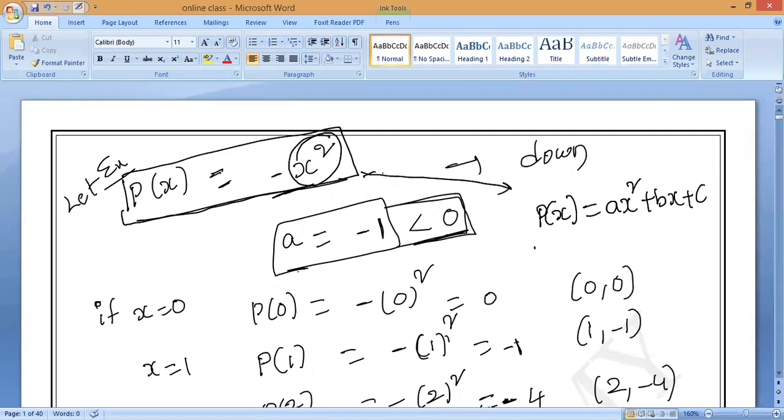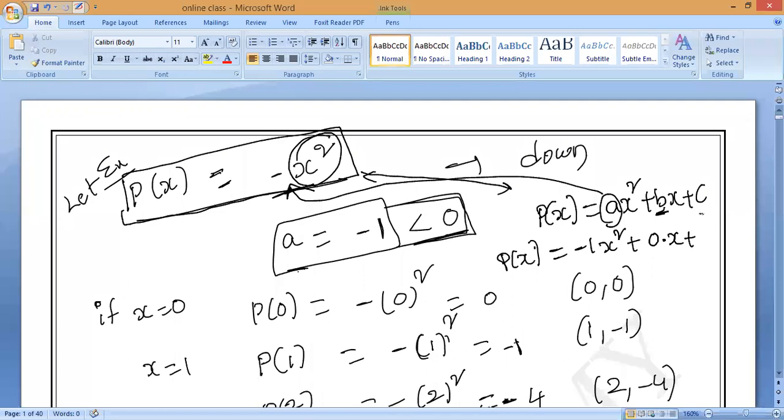What is our A value? Our polynomial P of x equals minus 1 into x square. Next, what is our B value? 0, correct? 0 into x. What is our constant? 0. So the equation becomes P of x equals minus 1 into x square.